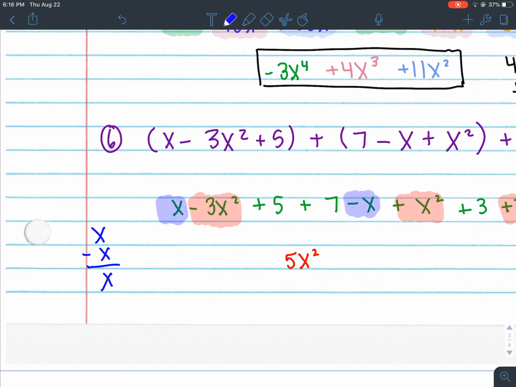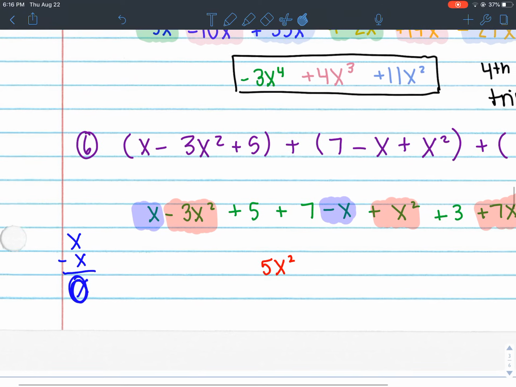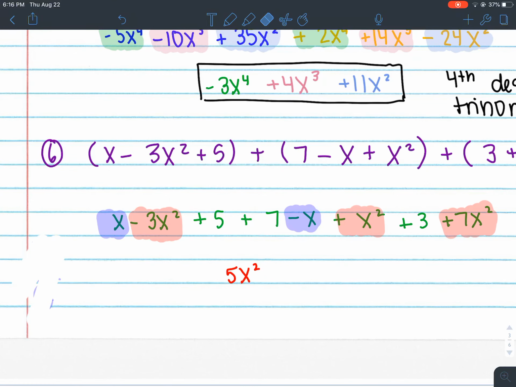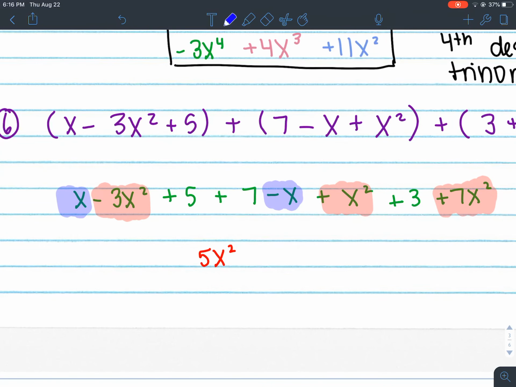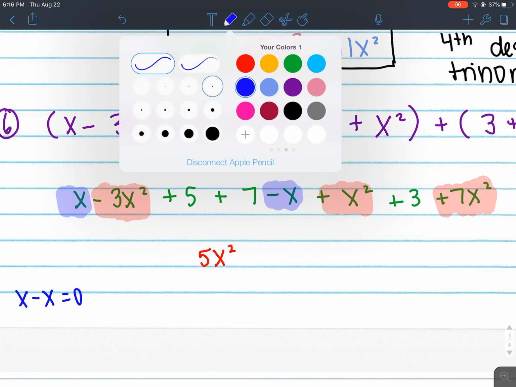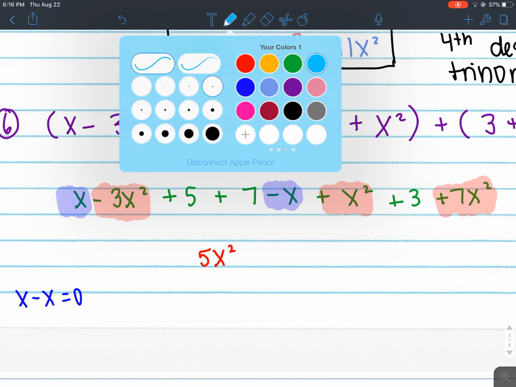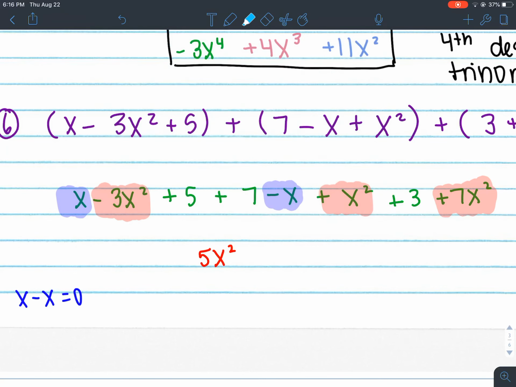Does 1 minus 1 equal 1? No. 1 minus 1 is 0. It means they cancel each other out, so they're gone. So x minus x equals 0. Just go ahead and write that down as a note for yourself. I'm not going to write 0 here, but if you really want to, you can.